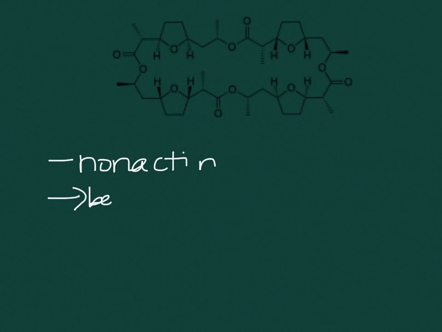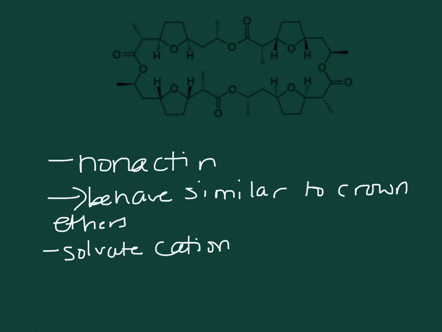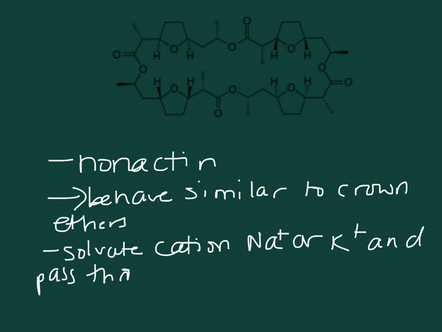It is interesting because some antibiotics, such as nonactin, which is shown here, behave similarly to crown ethers. They can solvate a cation, such as sodium or potassium, and pass through the cell membrane.